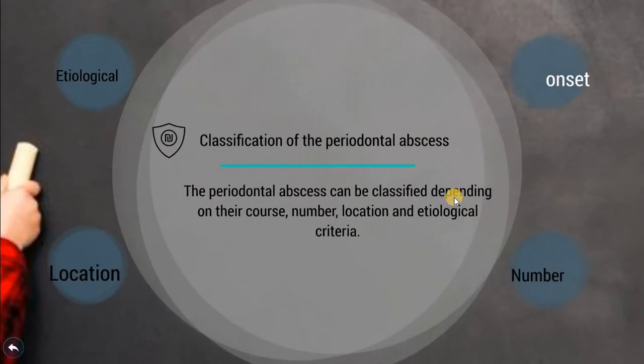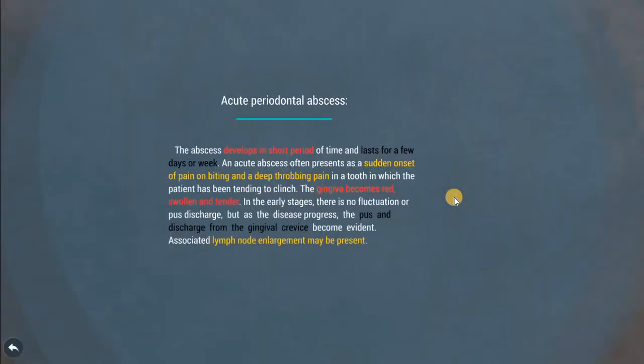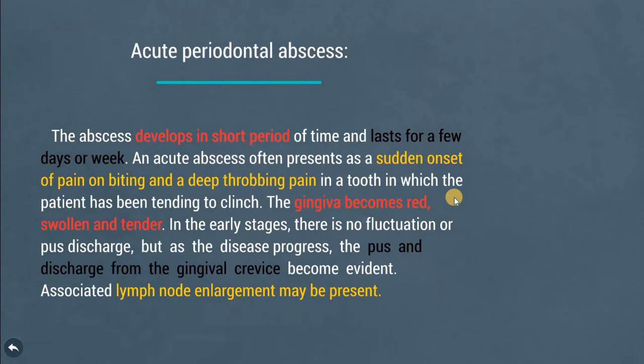The classification of periodontal abscess: we can classify it on four bases. According to the onset, we have acute periodontal abscess and chronic periodontal abscess. The acute one develops in a short period of time and lasts for a few days or weeks, and it has a sudden onset of pain on biting and deep throbbing pain, and the gingiva becomes red, swollen, and tender.